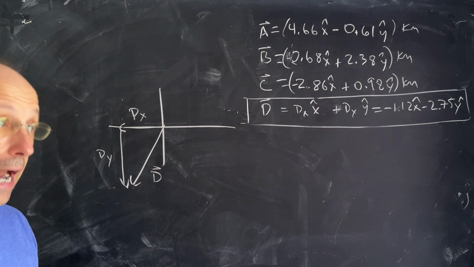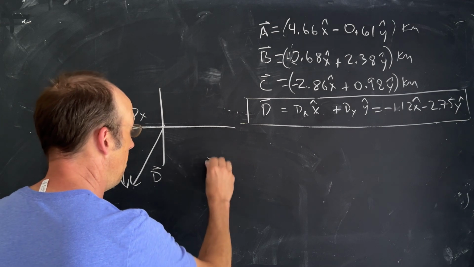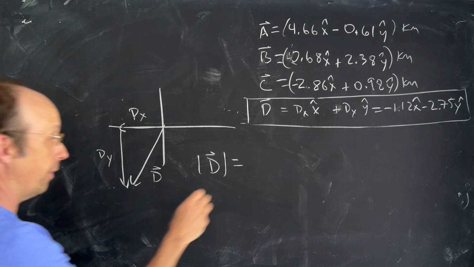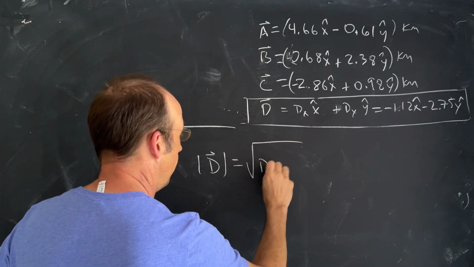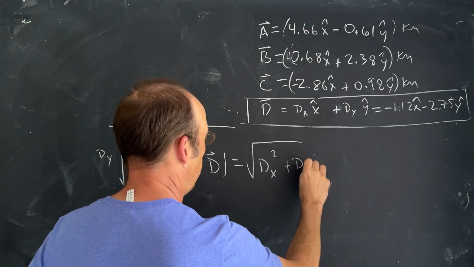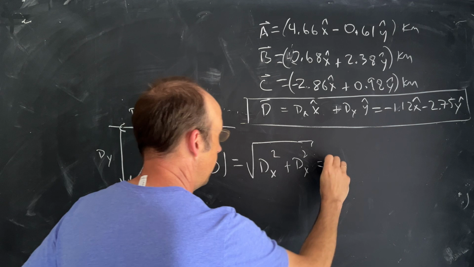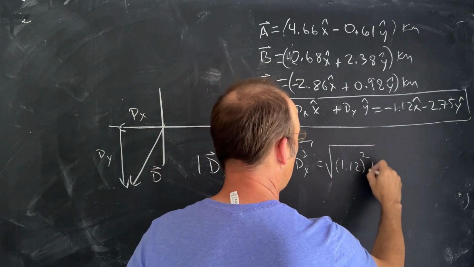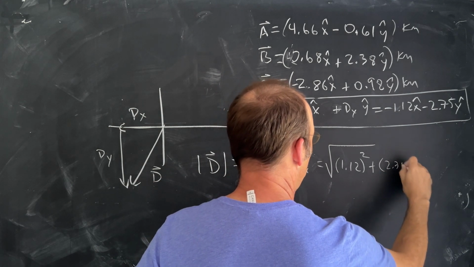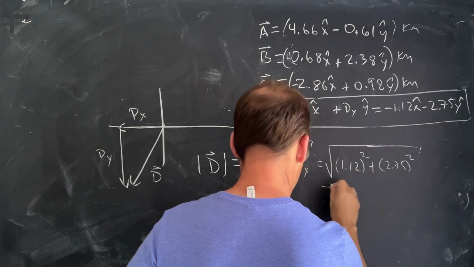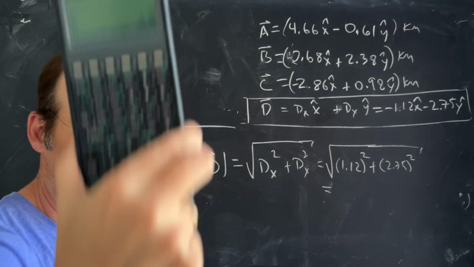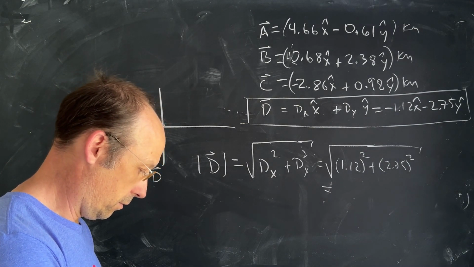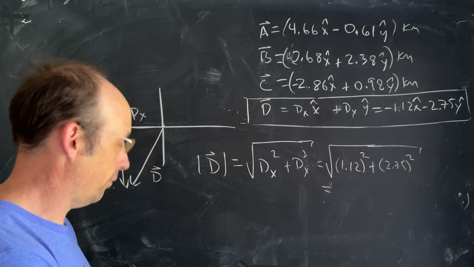Now let's find the magnitude of that. That's not too hard. The magnitude of the vector d, since it's a right triangle, I can use the Pythagorean theorem. It's the square root of dx squared plus dy squared. So it's going to be the square root of 1.12 squared plus 2.75 squared. Calculator. I had those in there, but I'm just going to redo it.